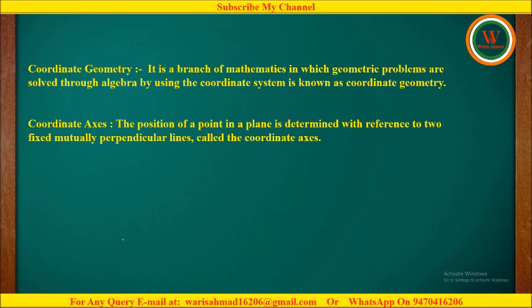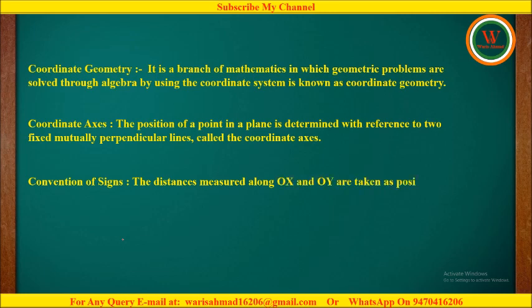Now the next topic is convention of signs. The distances measured along OX and OY are taken as positive and those along OX dash and OY dash are taken as negative.